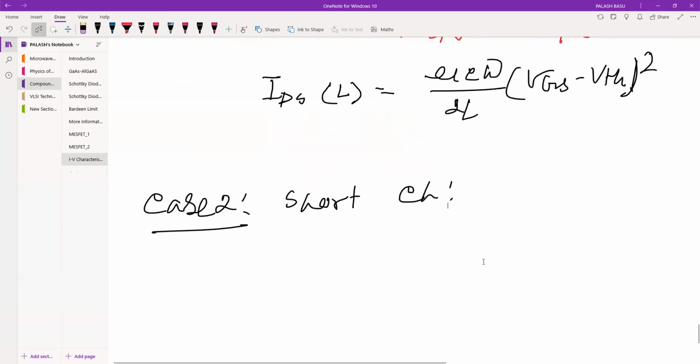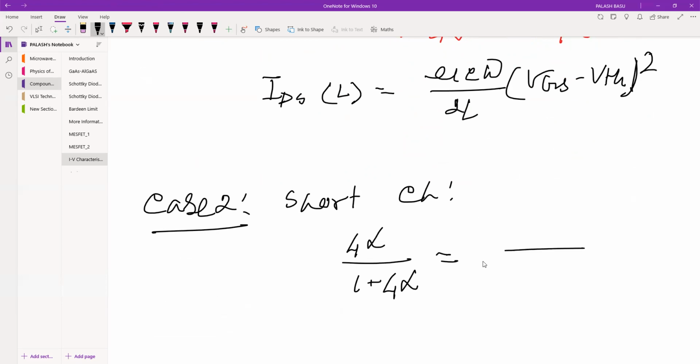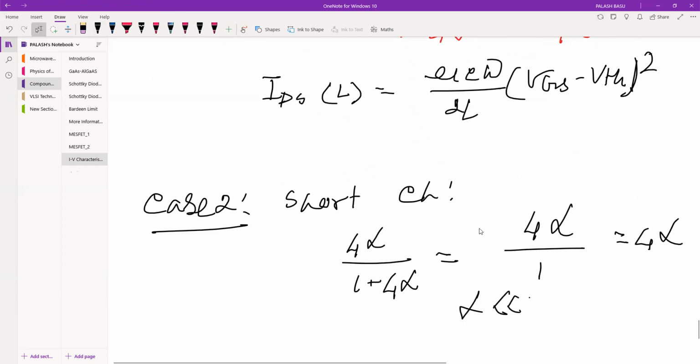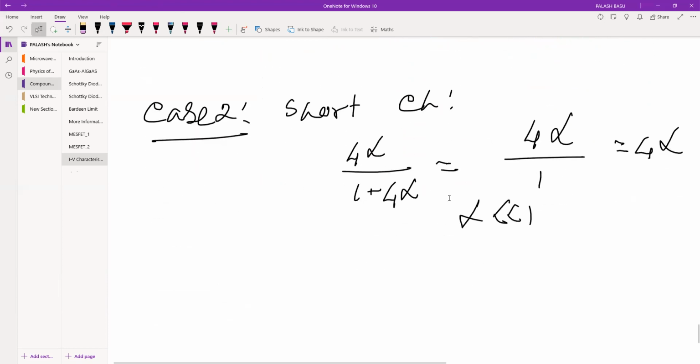For short channel, you see my alpha, so 4 alpha by 1 plus 4 alpha, you can see that it is a 4 alpha. Short channel means alpha is less than 1. So that's what I have written.